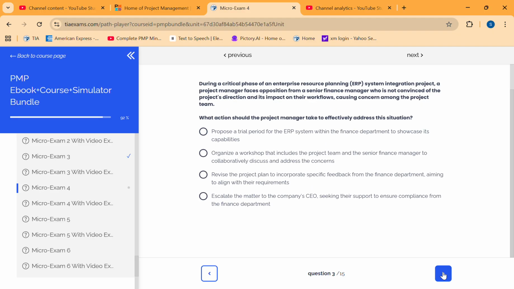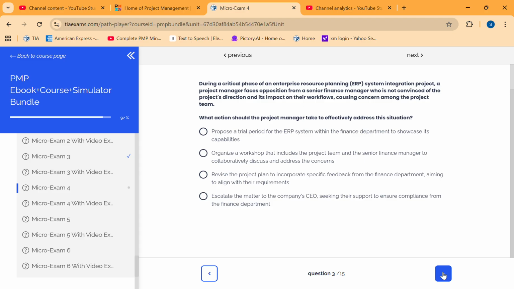During a critical phase of an enterprise resource planning system integration project, a project manager faces opposition from a senior finance manager who is not convinced of the project direction and its impact on their workflows, causing concern among the project team. Okay. What action should the project manager take to effectively address this situation? Propose a trial period for the ERP system within the finance department to showcase its capabilities.